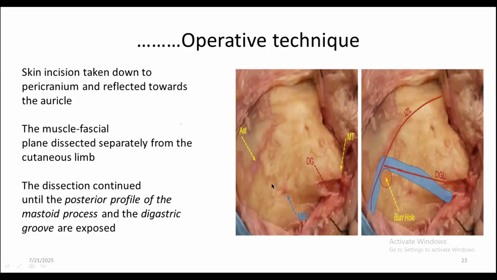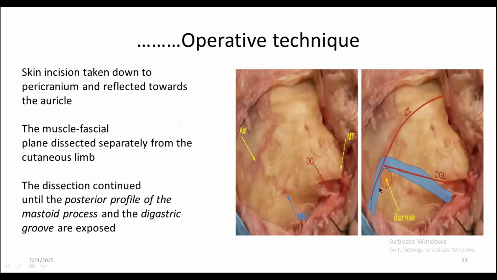This mastoid emissary vein is draining into the junction of the sigmoid and the transverse sinus. So we can see on this image the outline of the transverse and then the sigmoid venous sinuses. The burr hole is usually sited just inferior to this junction.